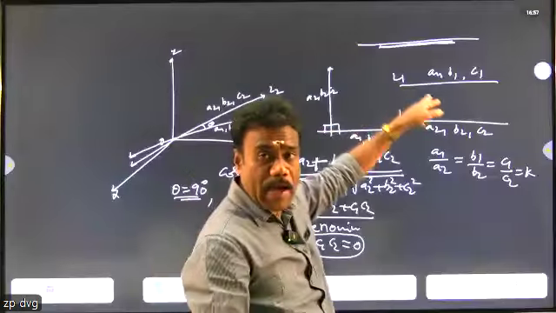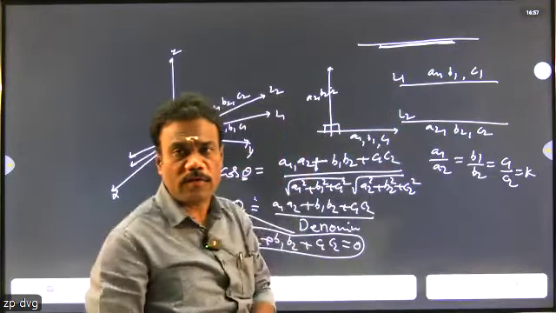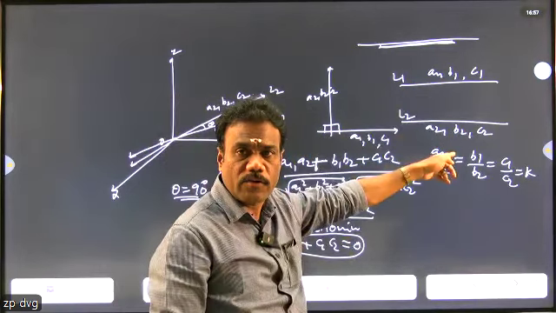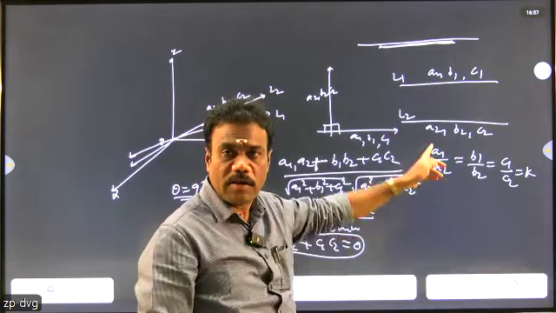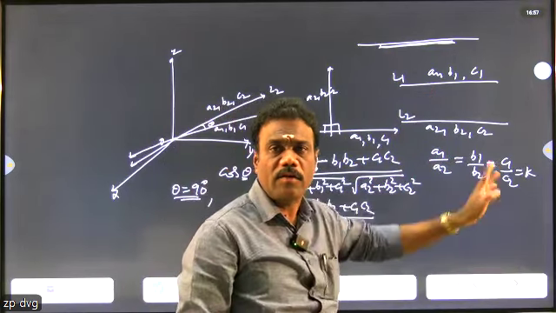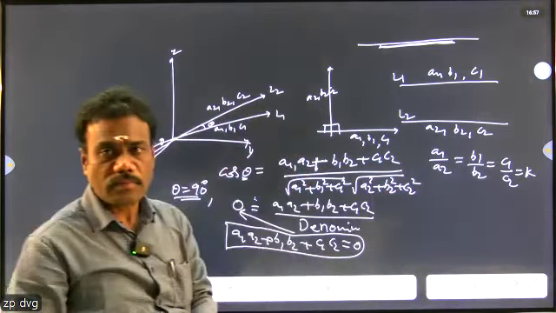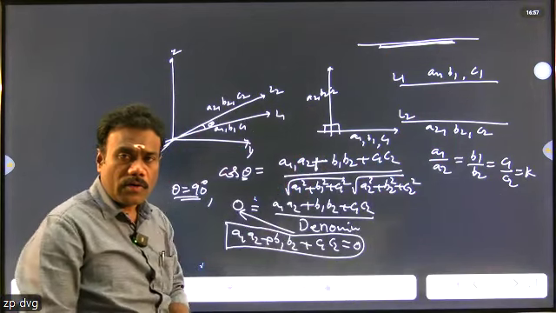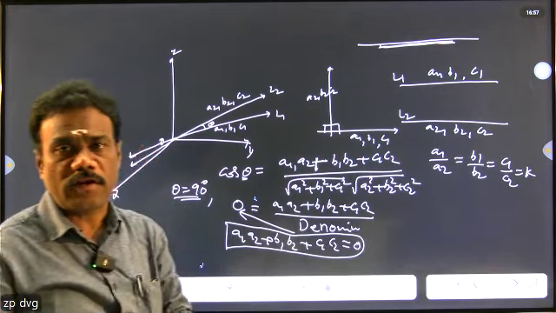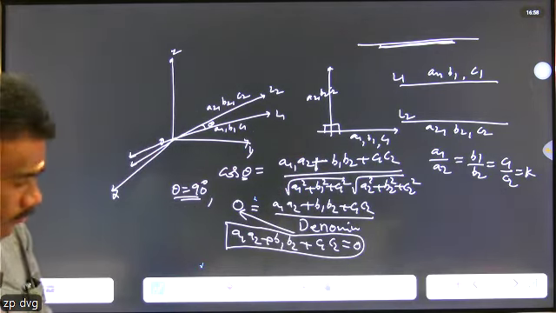When two lines are parallel or collinear, with direction ratios A1, B1, C1 and A2, B2, C2, then the condition is A1 by A2 is equal to B1 by B2 is equal to C1 by C2 is equal to some constant. Now we will discuss some questions based on this concept. Let us see.